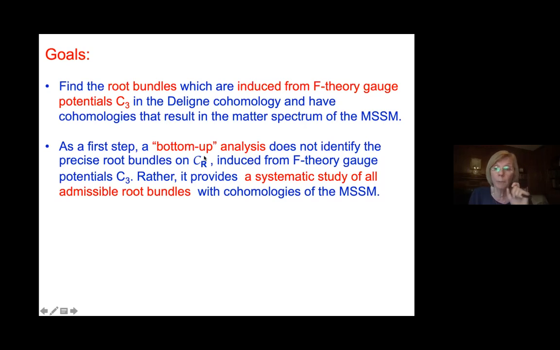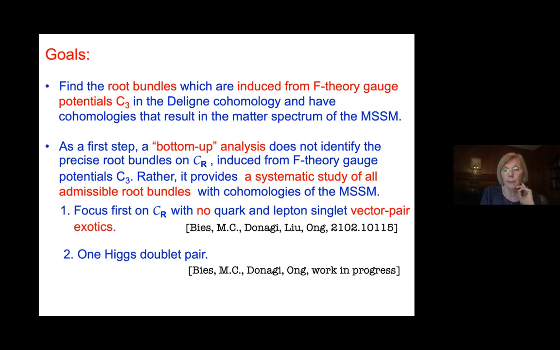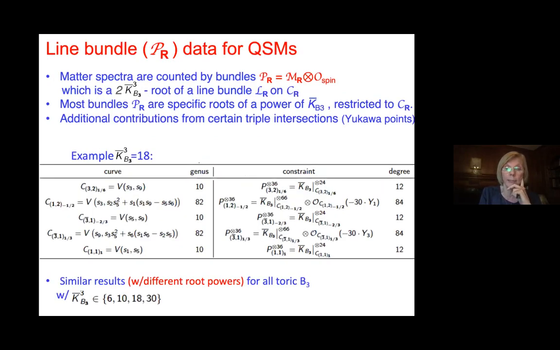So what I'm going to present in the last five minutes is a few steps in the bottom-up analysis to identify the root bundles on the curve and really provide a systematic study of all admissible root bundles with cohomologies of the MSSM. So a first thing that is already there is focusing on examples with no vector quark and lepton exotics.